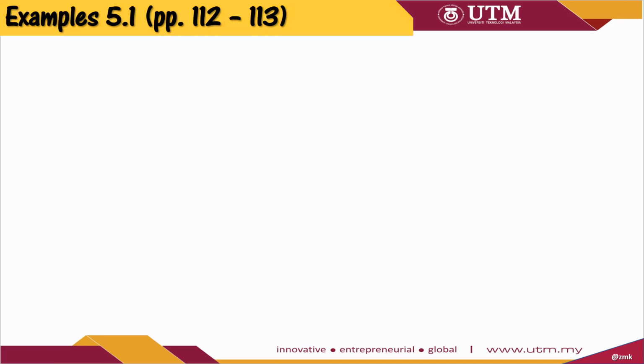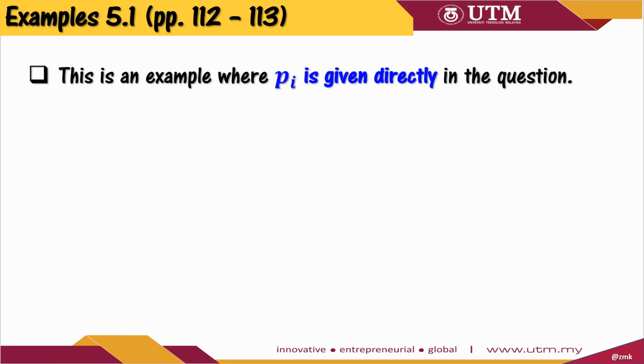There are 3 good examples in the statistics for engineers textbook that you can learn and follow closely for good practice and revision. The first example is example 5.1 on pages 112 and 113. In this example, the probability Pi is given directly, where Pi denotes the probability or proportion of road accidents occurring in the country according to 4 categories.